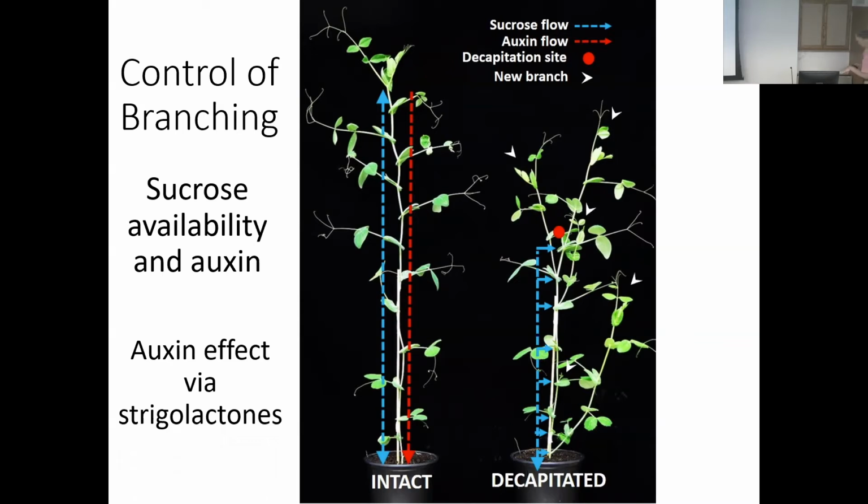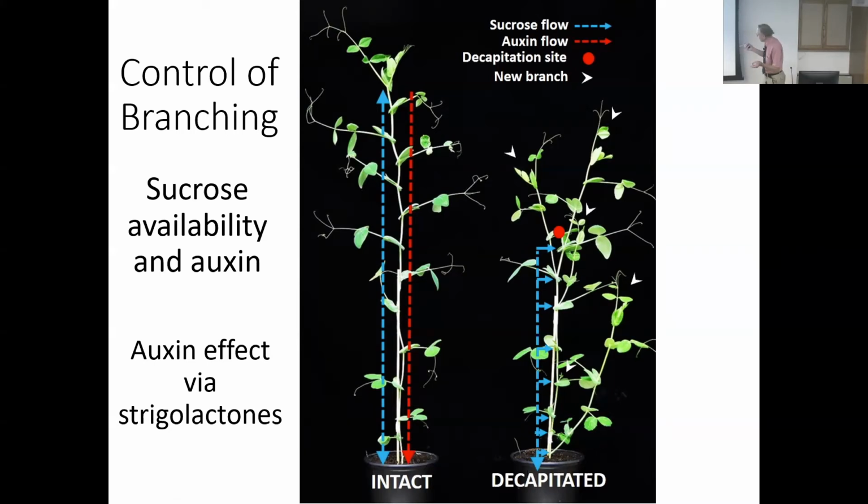It turns out that auxin is part of the story, but not the main part. When you cut the apical bud off, actually the sucrose that has been made now goes to the lateral buds. And sucrose has a big effect on growth. So sucrose is not just an energy source, it has some growth promoting effects of its own.